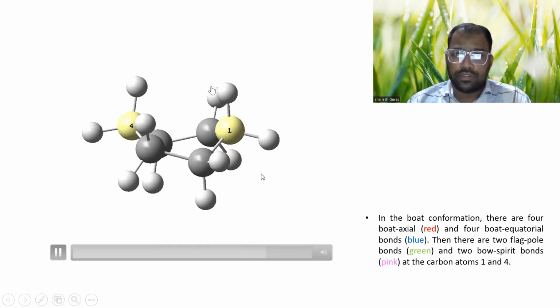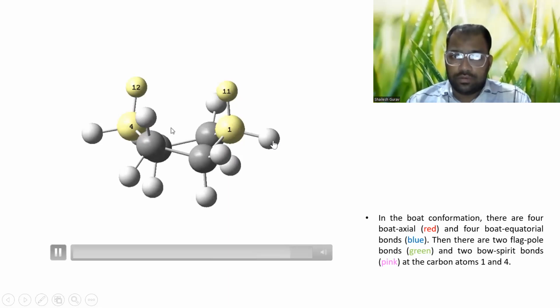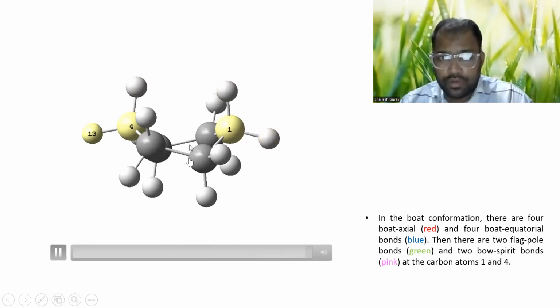The atoms which are attached over here and pointing inside will be considered flagpole. So this atom and this atom are the flagpole atoms or flagpole bonds. Similarly, the other two atoms attached over here will be considered bowsprit atoms. So these are the bowsprit atoms. I hope you have understood this structure.